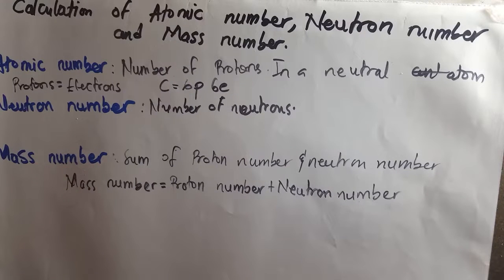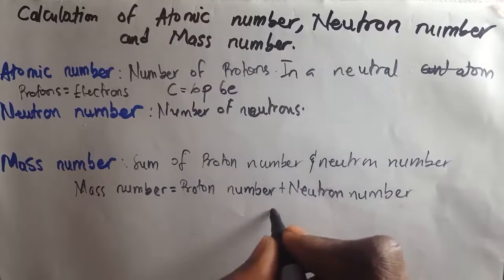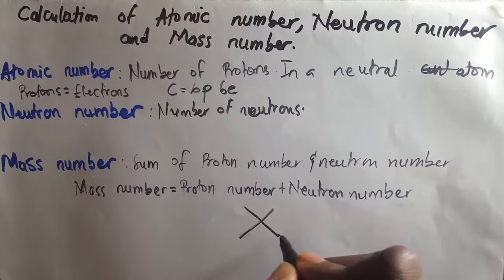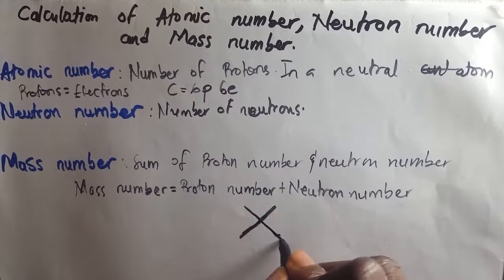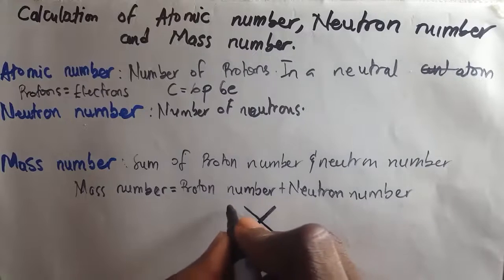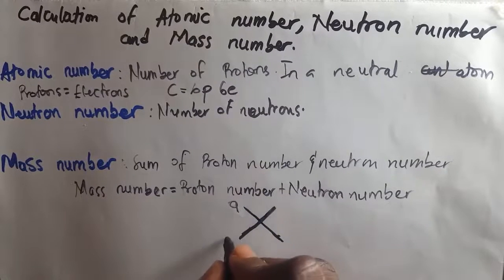Another thing you should also know is that in an atom you can be given a symbol. I'm going to draw it for you and show you how to identify the mass number and the atomic number when a symbol is drawn for you. So let's say an atom X. Let me just use X to represent any atom. So let's say you have A here and B here.